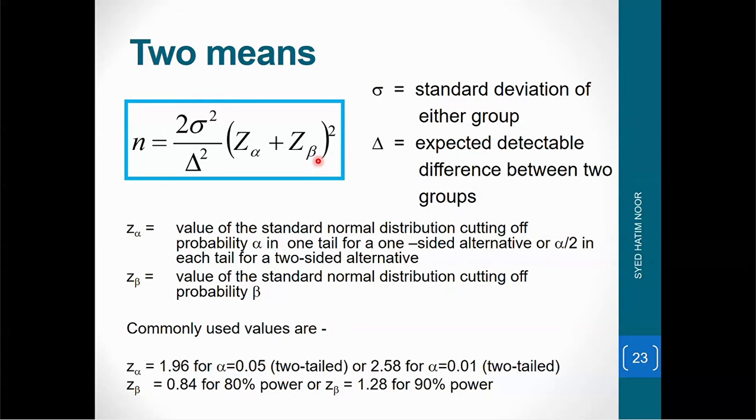But what is that? When you have two groups, you have a comparison. In other words, you have a testable hypothesis.